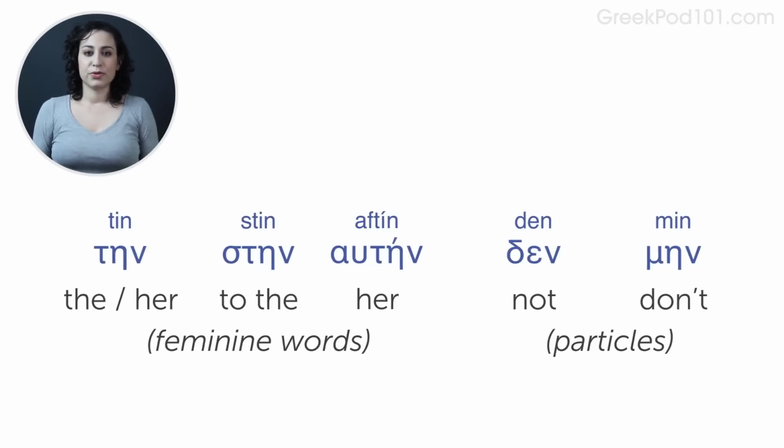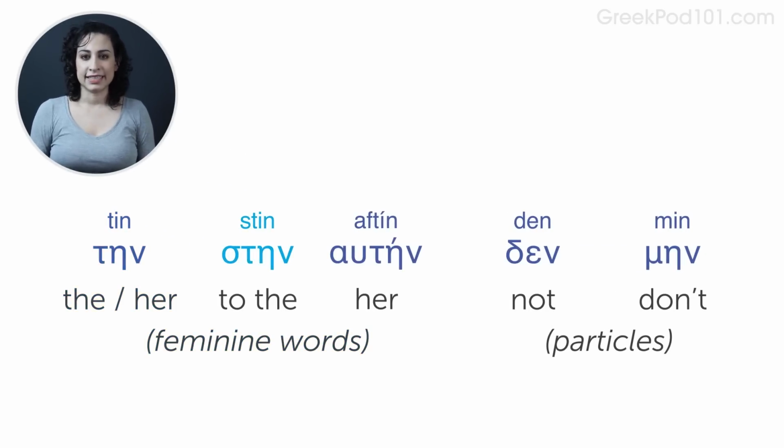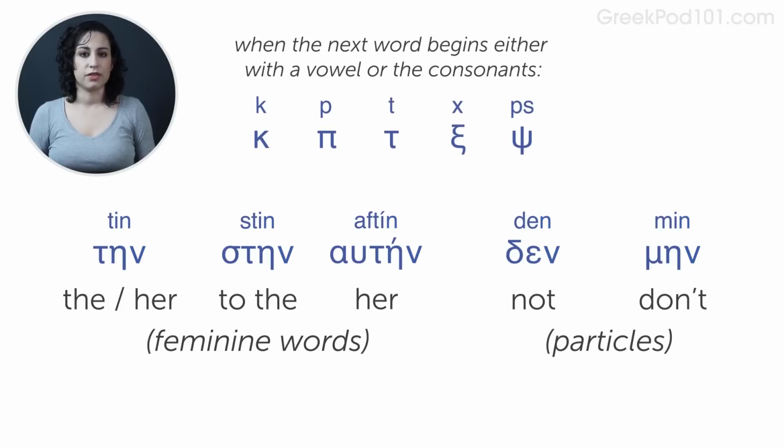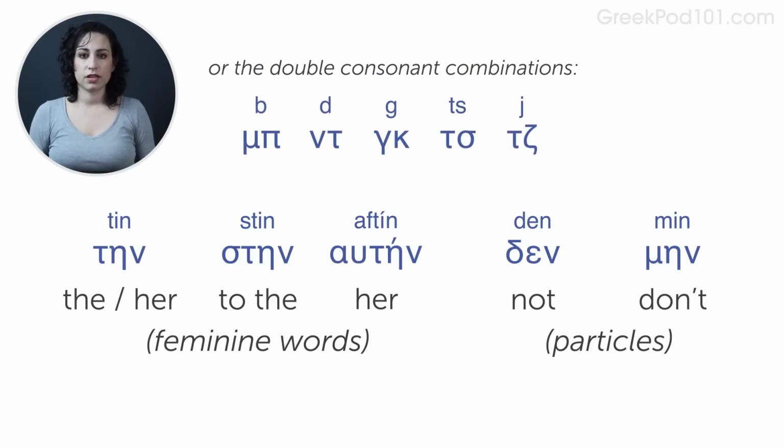Let's go into more detail. First, let's see what the final ni rule says and which words get affected by it. The rule says that the feminine words tin, the or her, stin, to the, aftin, her, and the particles then and mean keep that final ni when the next word begins either with a vowel or the consonants kappa, pi, taf, xi, psi, or the double consonant combinations b, d, g, t, and z.